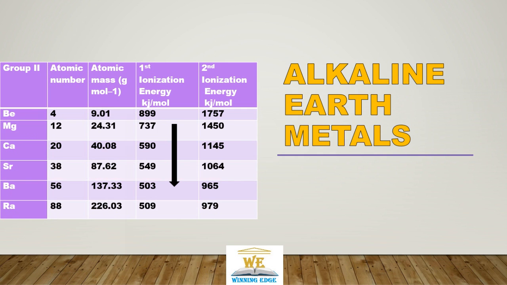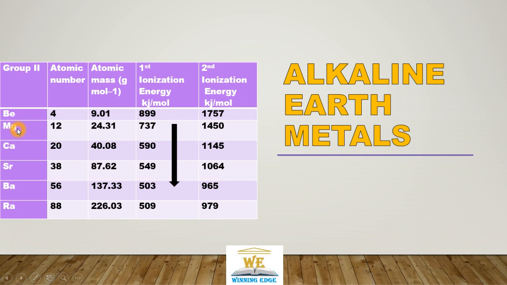Here, because we have 2 valence electrons in the alkaline earth metals, we have 2 different ionization energies. First is for beryllium 899, second is 1757.